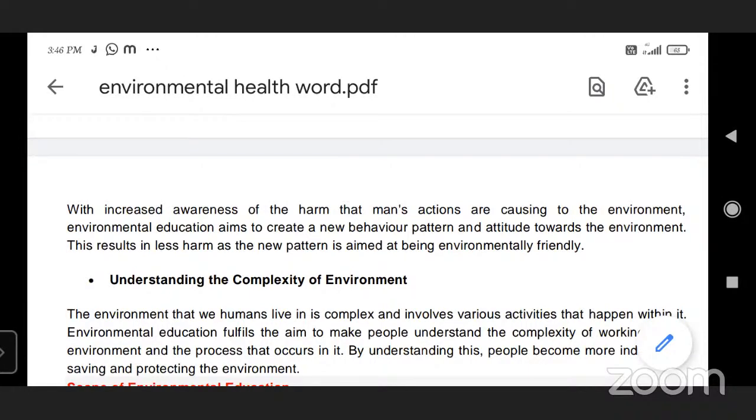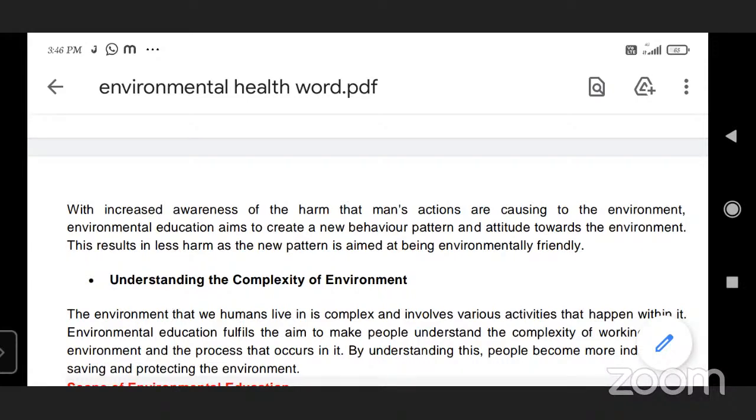Then coming to understanding the complexity of the environment. As we know, the environmental complexity is very high, isn't it?